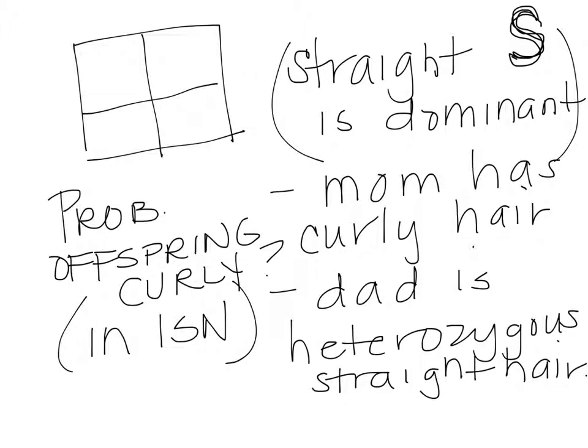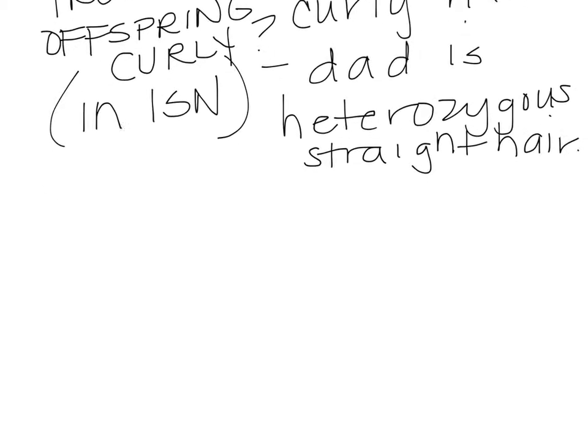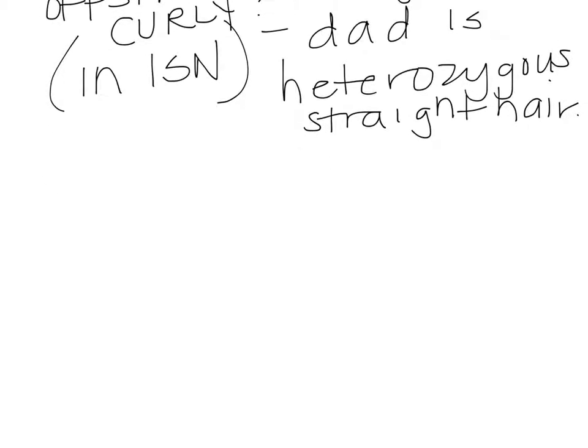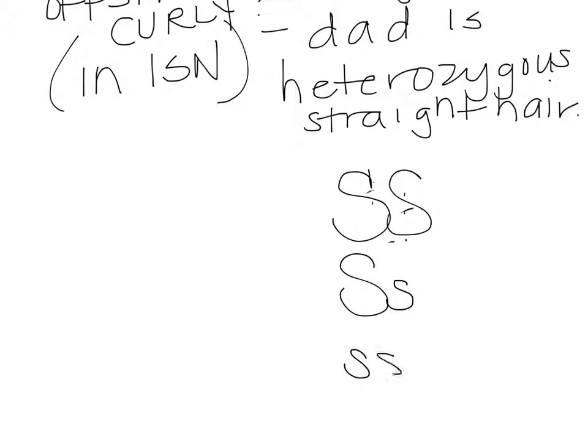So just as a quick review, and I guess maybe we could have done this earlier, the only 3 options that you can have for genotypes is uppercase, uppercase; uppercase, lowercase; and lowercase, lowercase.